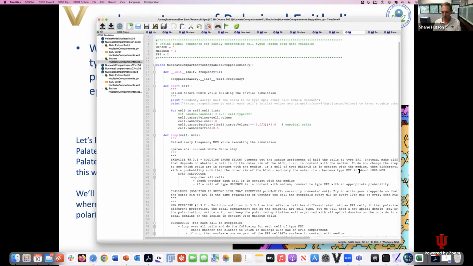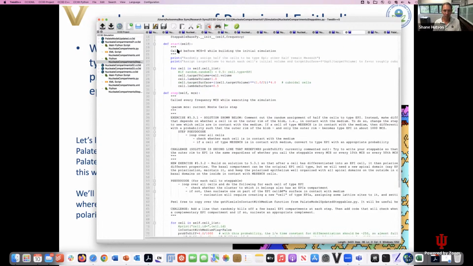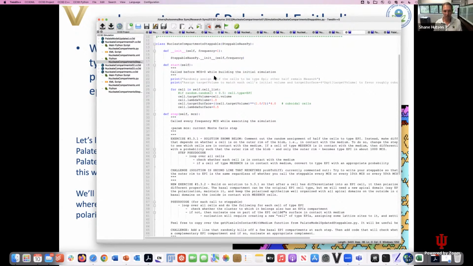So if we take a look at what's in this one, the start part, call before Monte Carlo step 0, it just goes through every cell in the cell list and sets the target volume and the lambda volume for each one of those to be what it was initially.